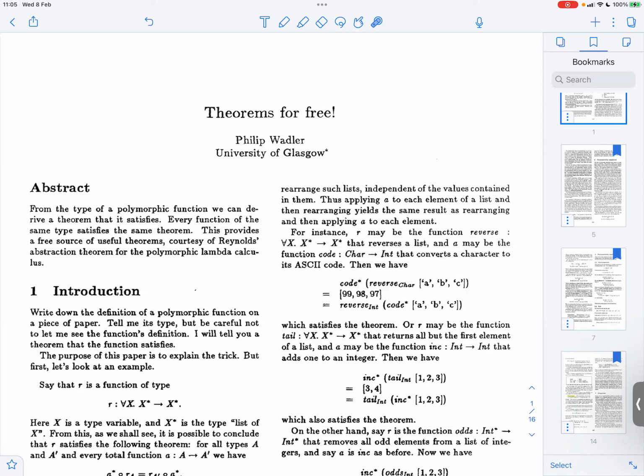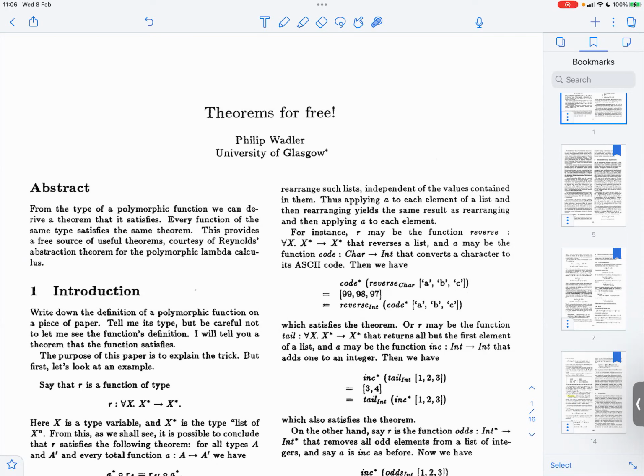And then the second question is, why is that true? So how do we prove that every function actually satisfies that theorem? Well, in fact, there is an assumption here that the code of the function must be fully parametric, or where they say it comes from polymorphic lambda calculus.